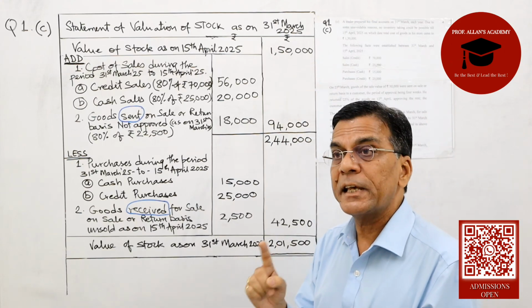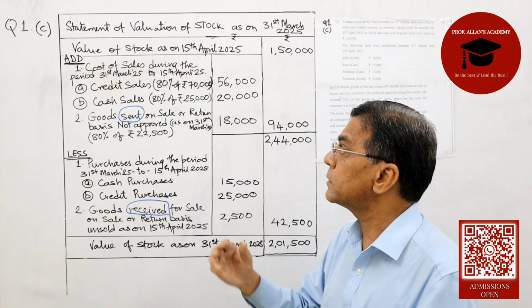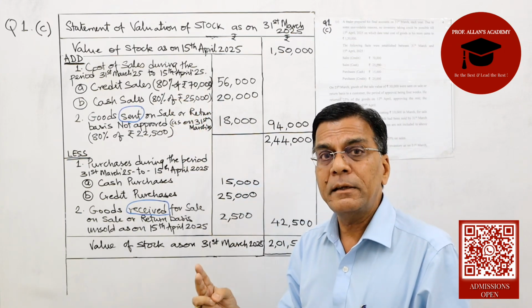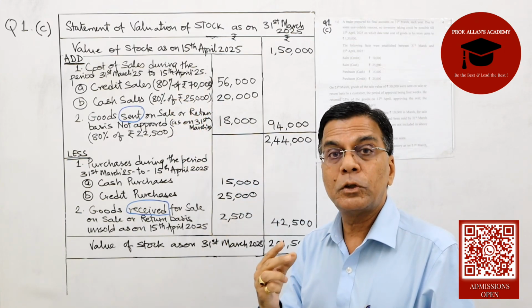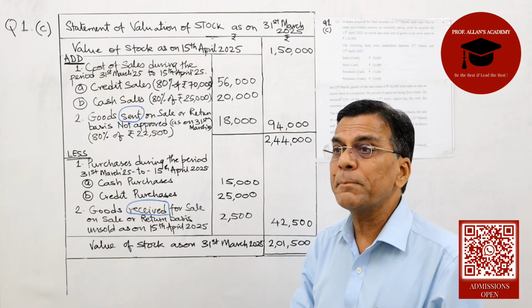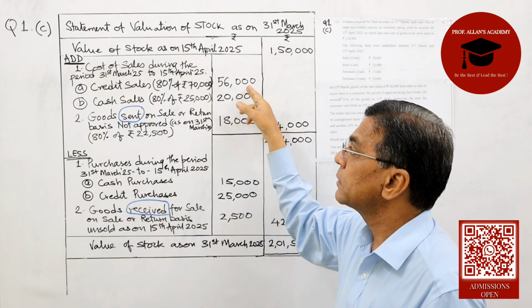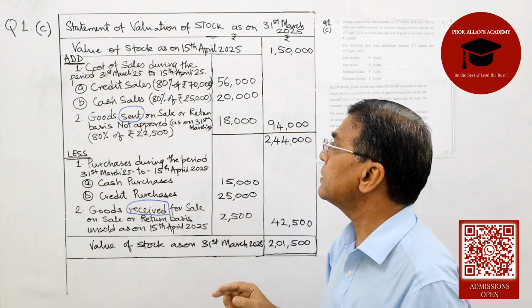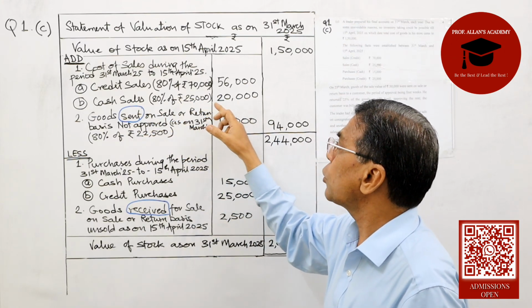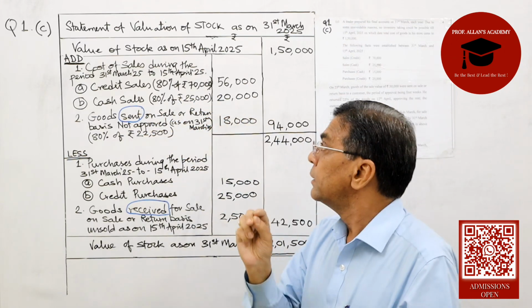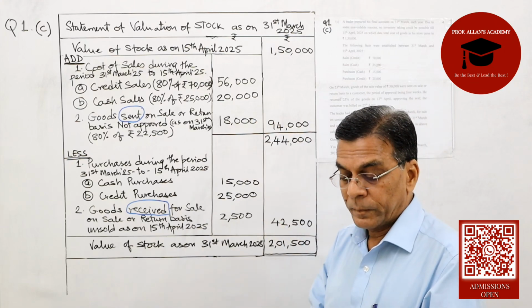Sales, but mind you, sales is at the selling price. It will have to be added at the cost. So the cost is 80% of 70,000, that is 56,000. Same way for cash sales, it is 80% of 25,000, that is 20,000.